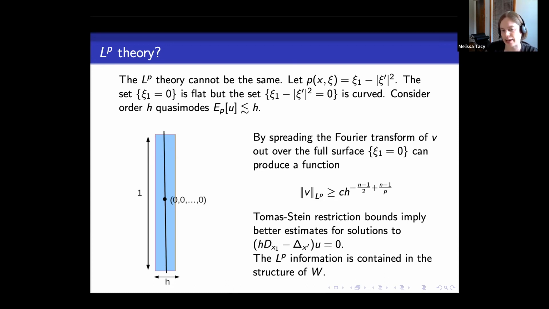So we know that we're not going to get a relationship like we got for L2. We know that there's going to be a difference between the LP behavior of v and the LP behavior of u. And all of that is contained in the structure of the operator w. So that's what we really need to get our hands on and understand to be able to extract the LP information.